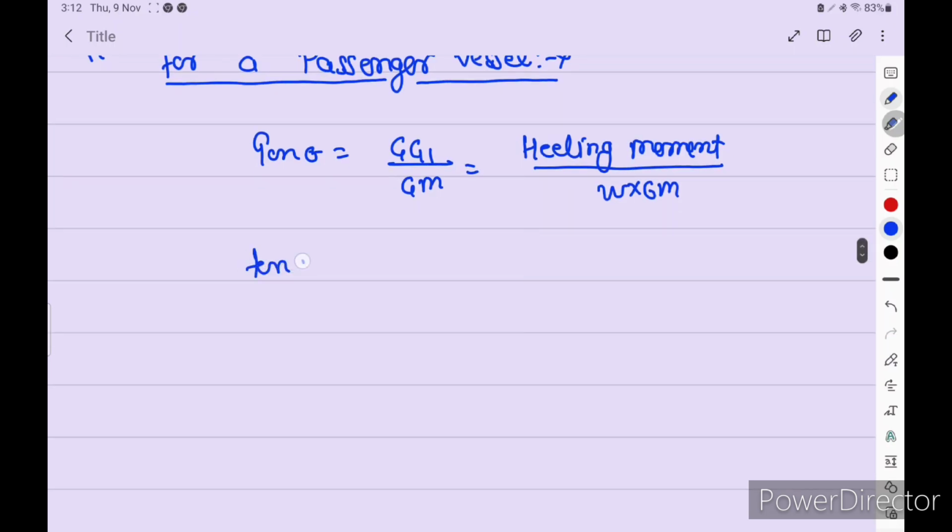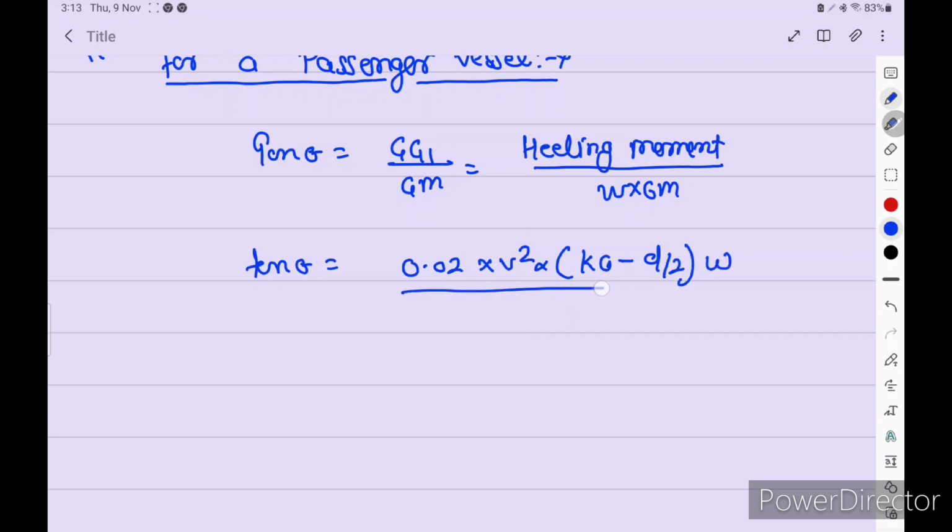Okay, so tan theta is equal to 0.02 into v square into KG minus draft by 2, that means BG, into displacement divided by length into displacement into metacentric height.